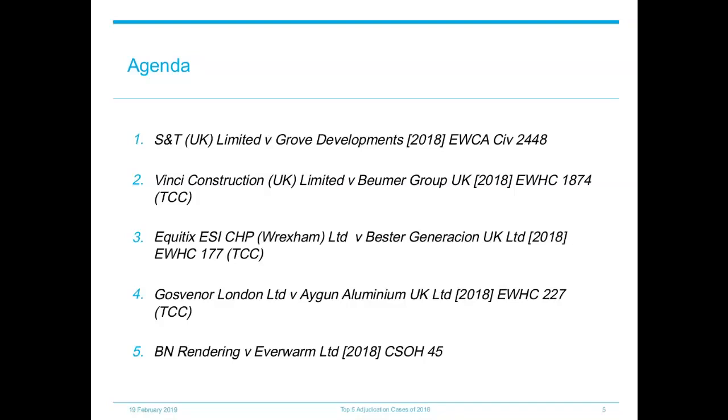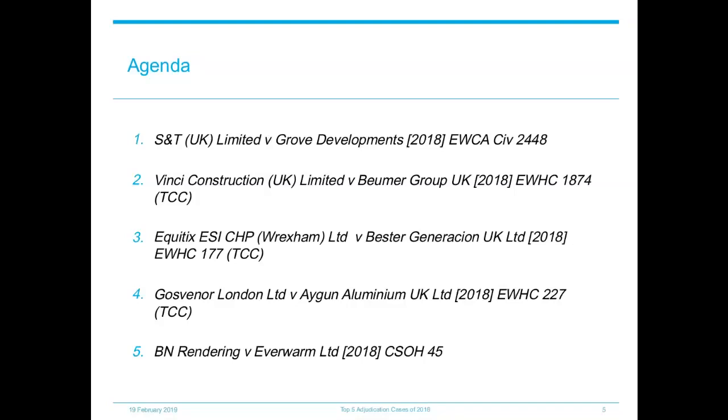We will go on to look at the case of Equitix ESI CHP Wrexham Limited against Bester Generation UK Limited, where the TCC considered whether works carried out prior to the contract being terminated fell within the definition of excluded operations in the Housing Grants, Construction and Regeneration Act 1996, which I'll refer to as the 1996 Act, meaning that the adjudicator did not have jurisdiction to make his decision.